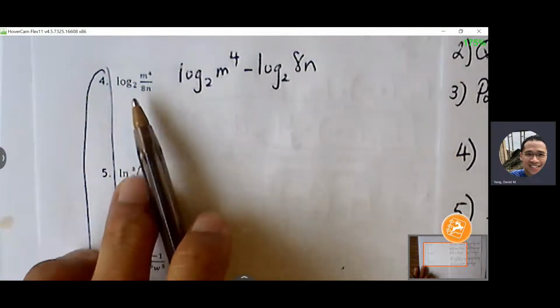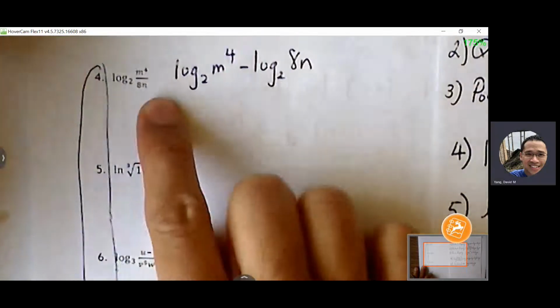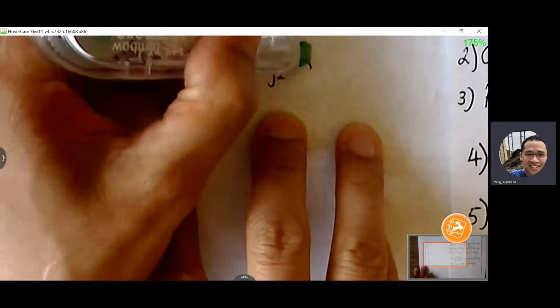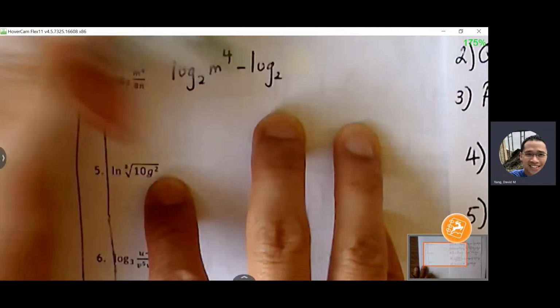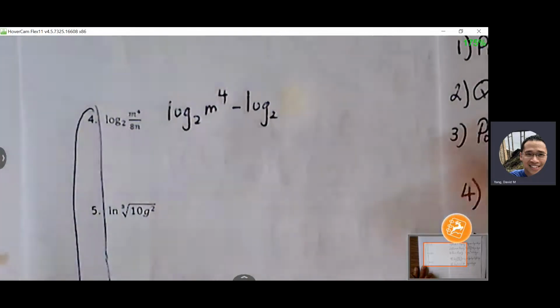Oh, I'm sorry. The 8 and the n are separate, so we're going to separate them as well. Anything in the numerator is part of a positive log term. Anything in the denominator will be part of a negative log term.